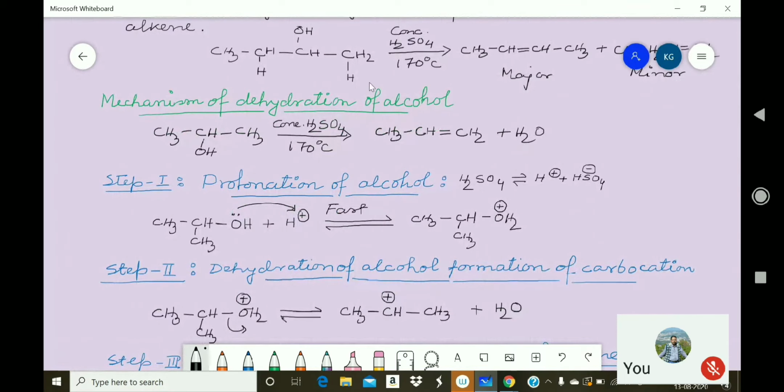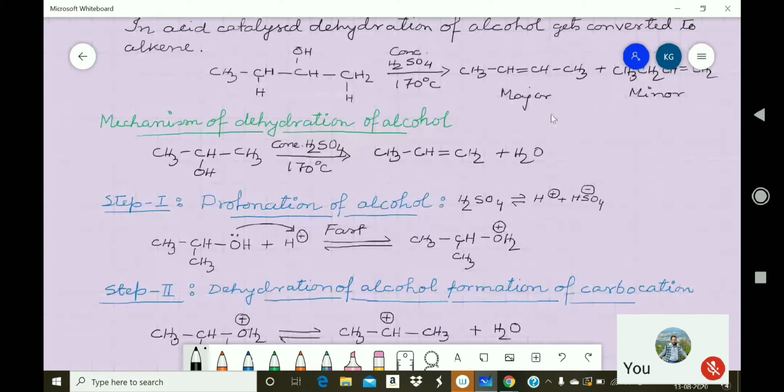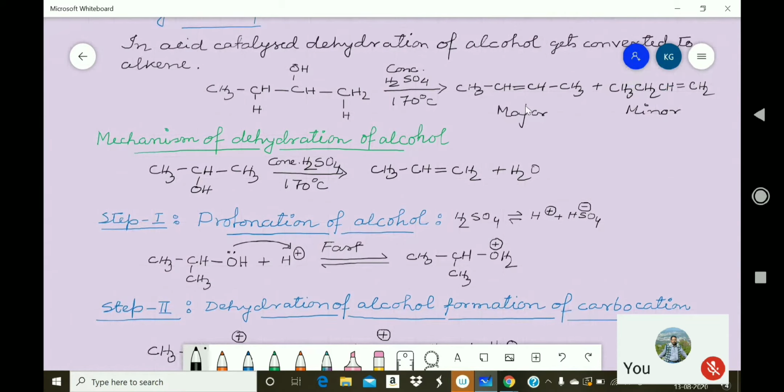So in the case of butan-2-ol, to give the major product, initially the OH group will be removed and a carbocation will be formed, but due to the greater stability of but-2-ene than but-1-ene, it will be the major product. It is more stable due to the presence of a greater number of hyperconjugable hydrogen atoms.